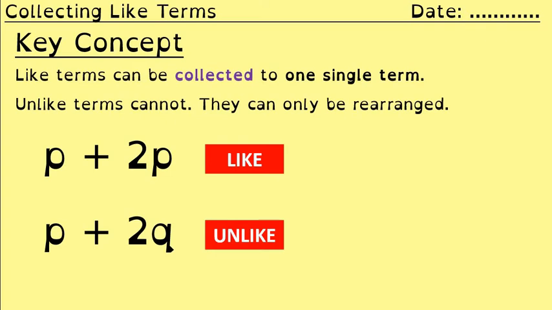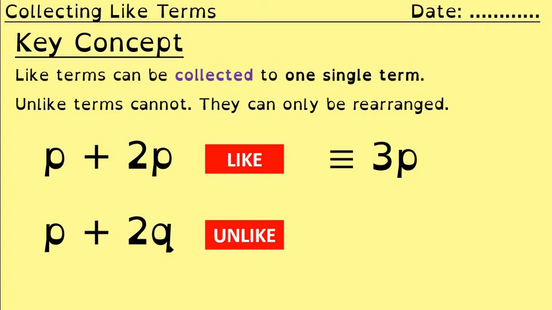Now like terms, as we just learned in this concept here, can be collected to one single term. So positive p and positive 2p can be collected to give 3p. And that's identical to that, so I'm using the identity symbol. Now, unlike terms cannot be collected because they have different variables.